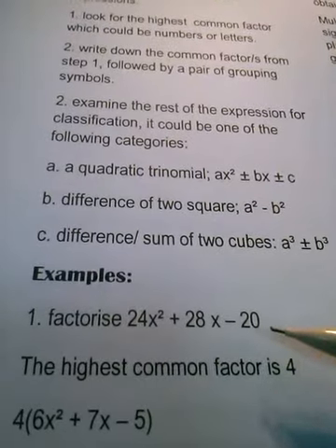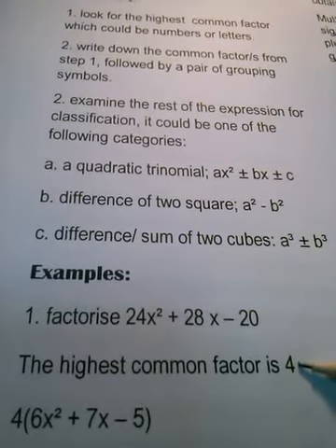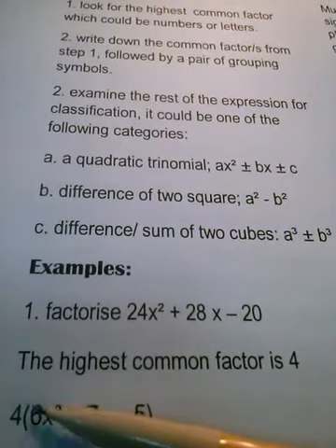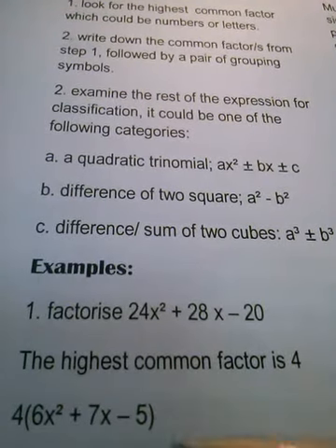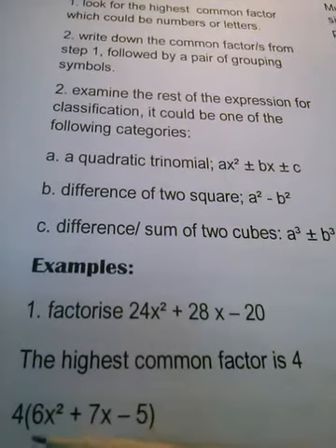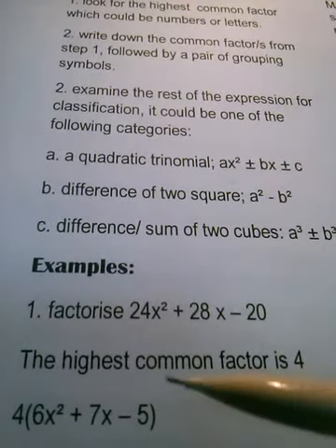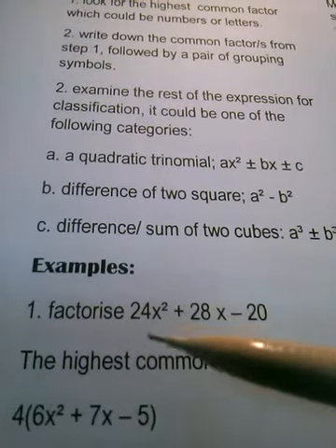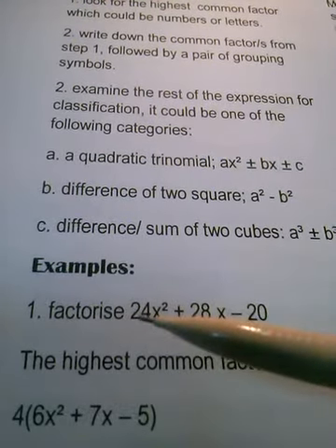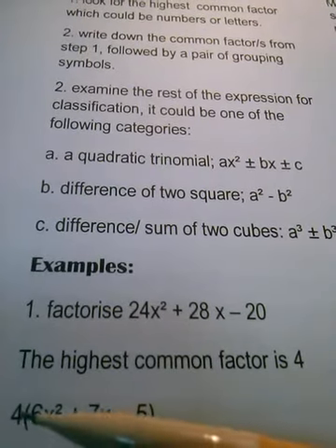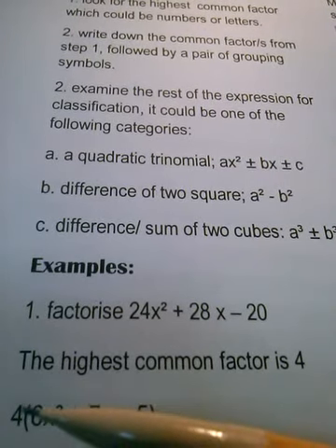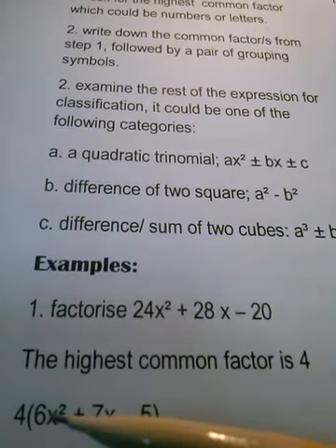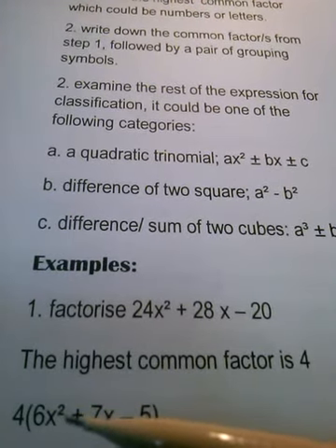So what we have to do is to write that number 4 at the front, followed by one pair of brackets. We open the bracket and then close it at this end. Then we divide 24 by that common factor of 4, from which we get 6. So we write 6 here, followed by x squared.